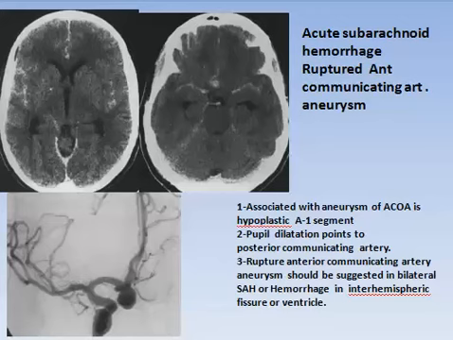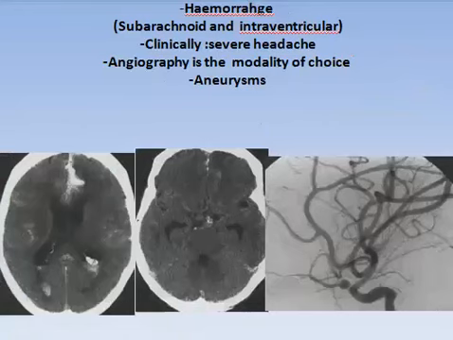So if you find interhemispheric and bilateral, suggest an anterior communicating artery ruptured aneurysm. Subarachnoid hemorrhage and intraventricular hemorrhage at the same time clinically give severe headache. Angiography is the modality of choice to check for aneurysms.